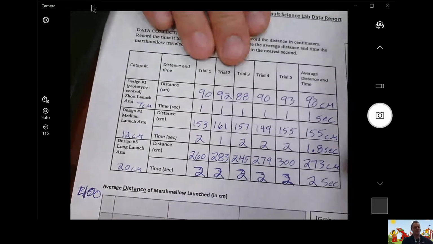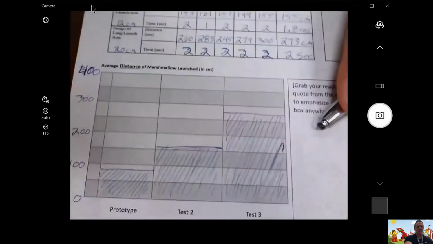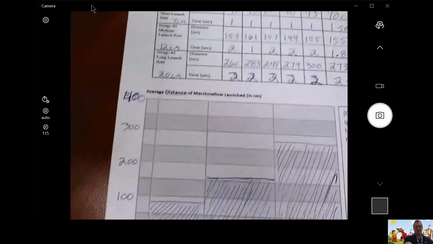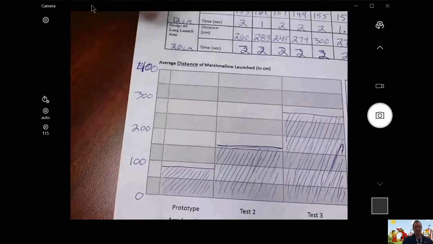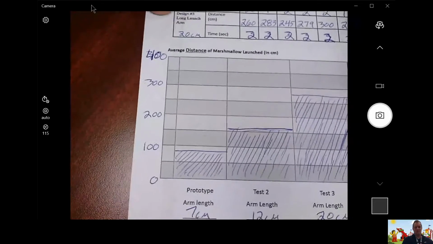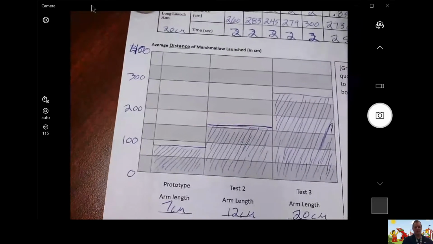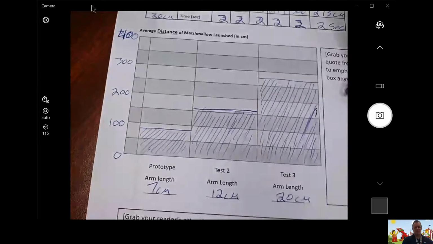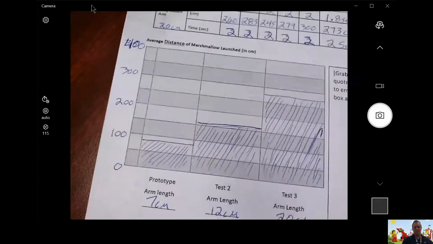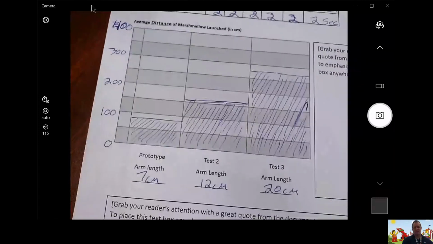And then the final thing, I went ahead and I did want to graph my distance. So I went ahead and did that here, and this paper is online, and hopefully you will have this data chart.